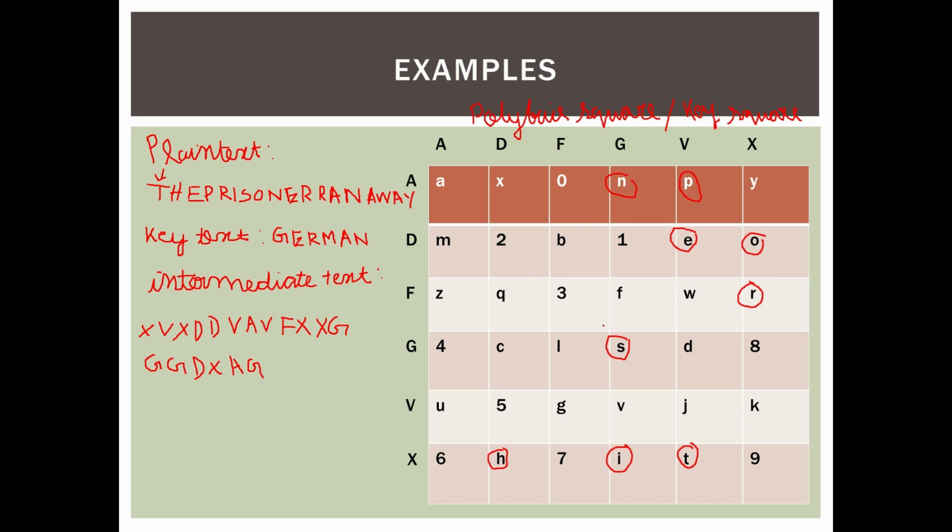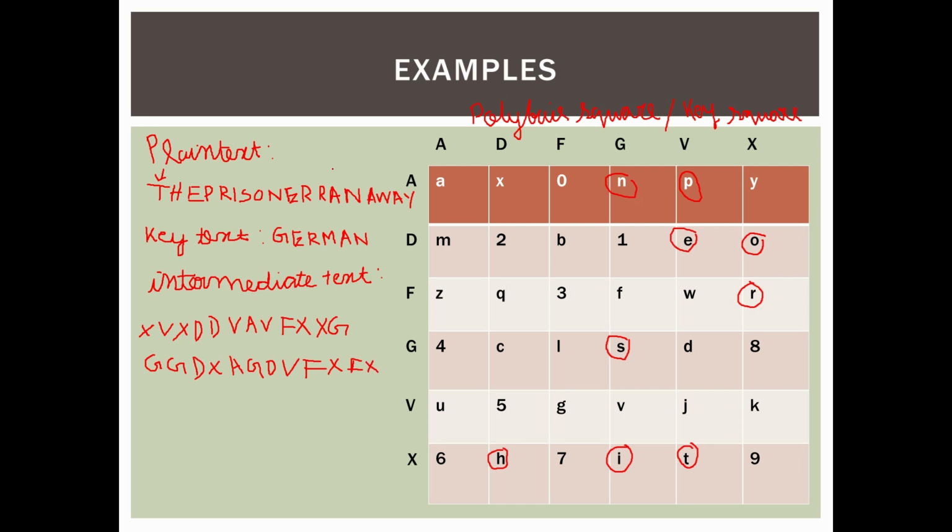And then we have E. For E we have the same thing, that is D and V. And then we have R. For R we have F and X. And then again R, so you can write F and X again.